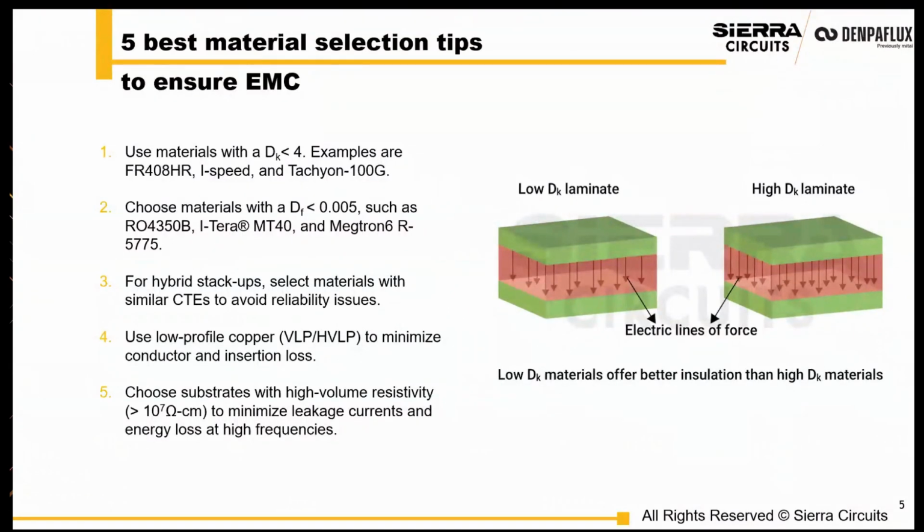And for materials with a DF of less than 0.005, you have options as listed below, Rogers and Megtron. Megtron is easier to build HDI boards with, or laser drilled microvias with sequential lamination, whereas Rogers is less conducive to that type of stack up.